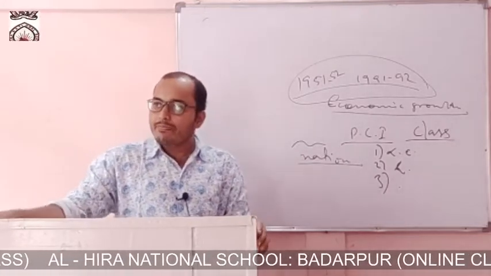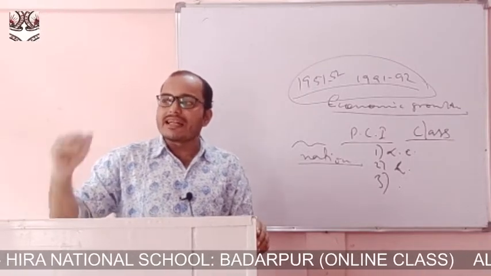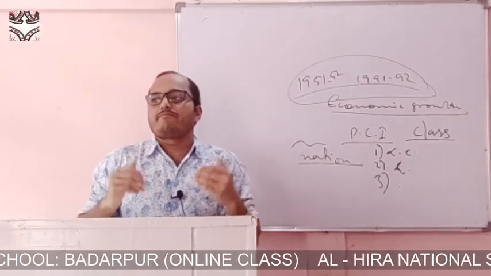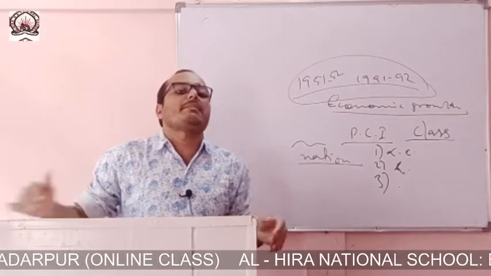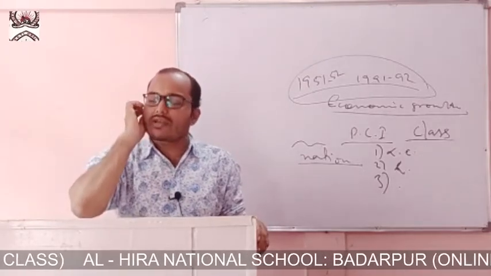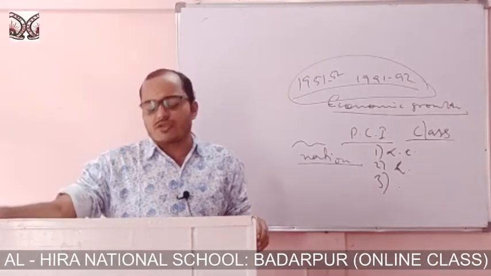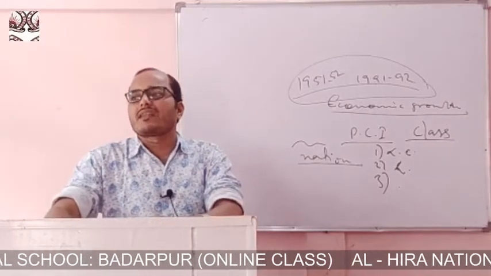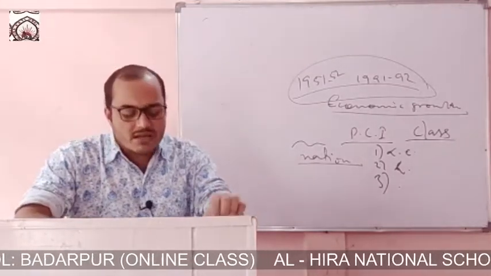Why? At that time the Narasimha Rao government was very adamant to introduce this LPG, liberalization, privatization and globalization. A number of factors were at play because of this huge fiscal deficit, and a number of other factors are also there.